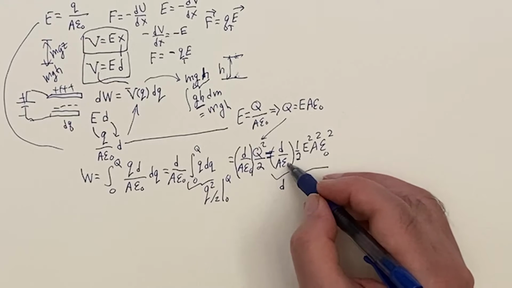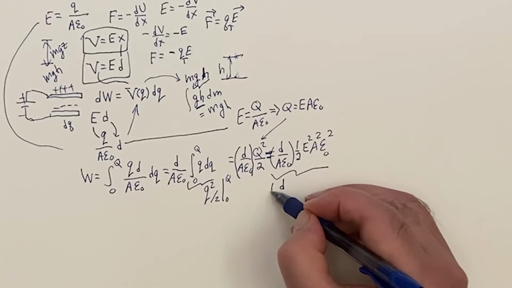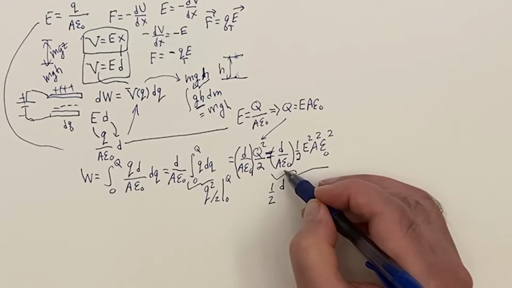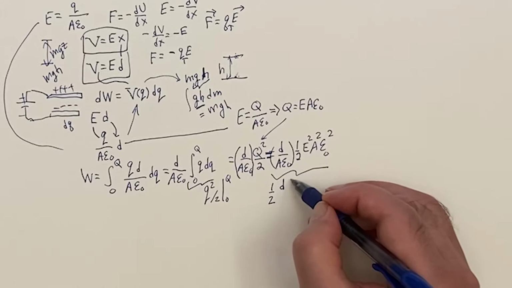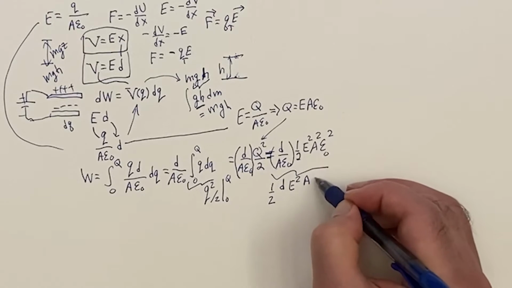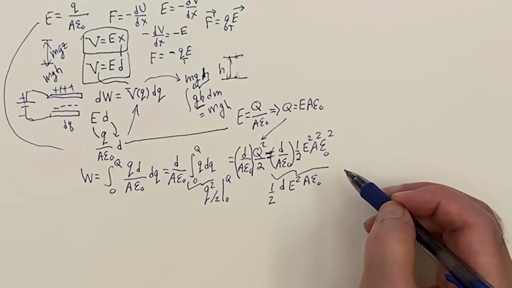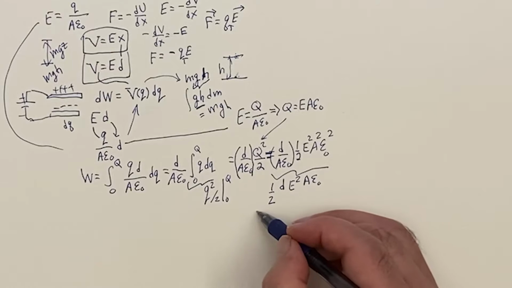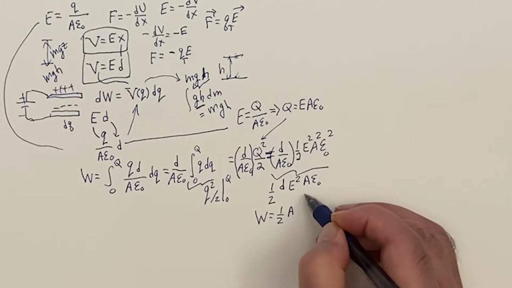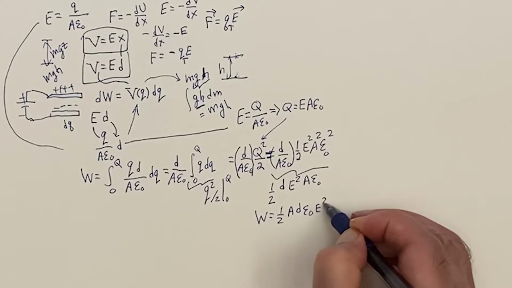And here, one of the epsilon naughts is going to do that. So maybe we take our time on this. We have the 1/2. Let's just worry about the A and the epsilon naught. So that's going to knock this A down 1 power and this down 1 power. And then we can write down 1/2 A D epsilon naught E squared.